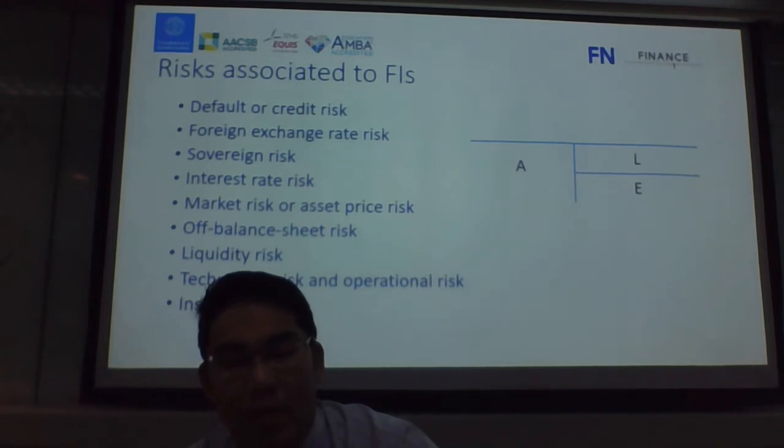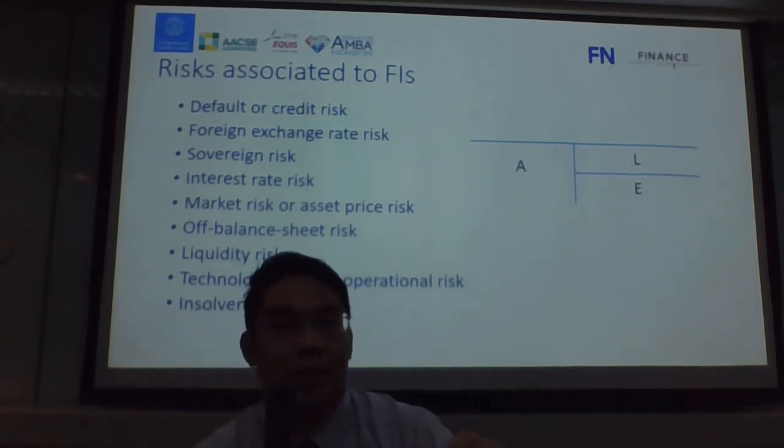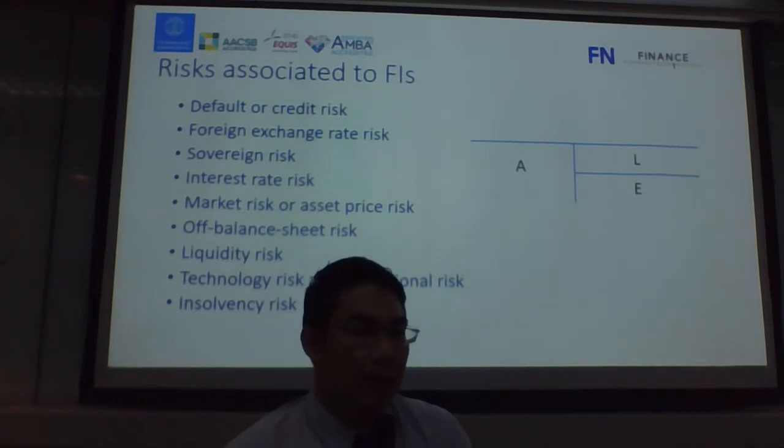What is a non-performing loan? The loans that bank cannot obtain the money back within 1 year. Okay, that borrower cannot pay the money back to the bank in 1 year. So we call it the non-performing loan.